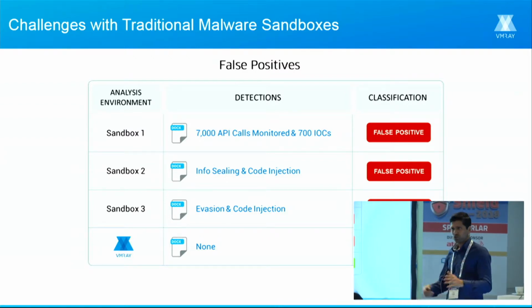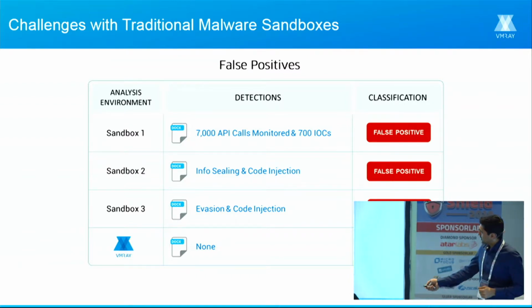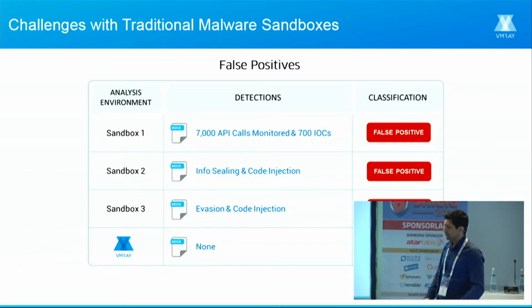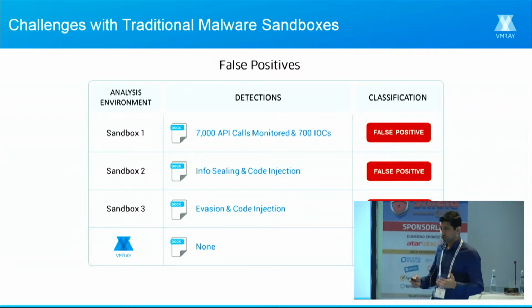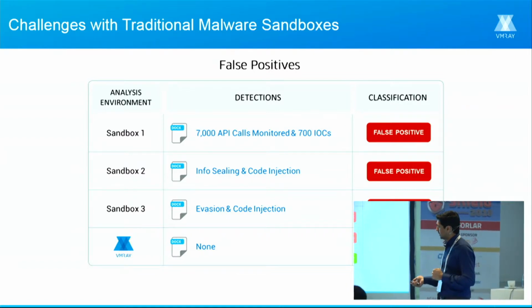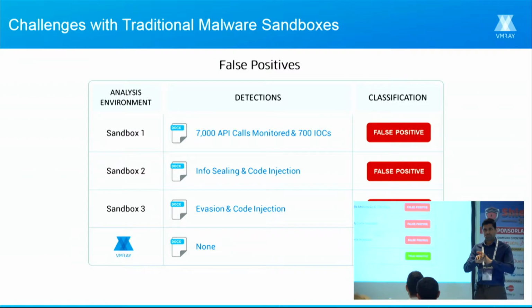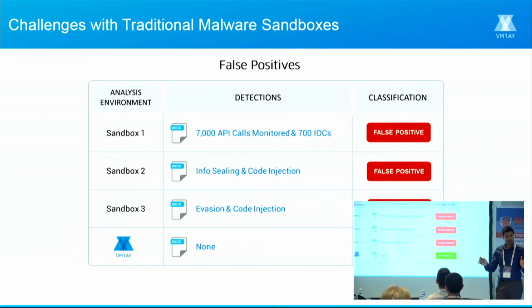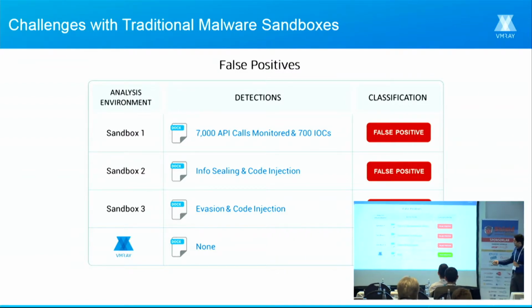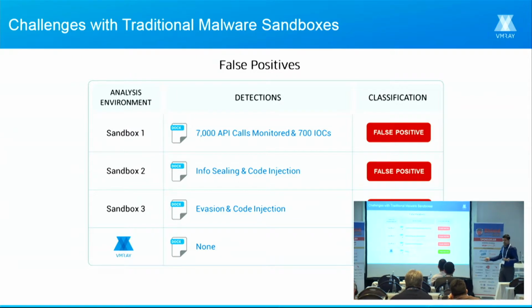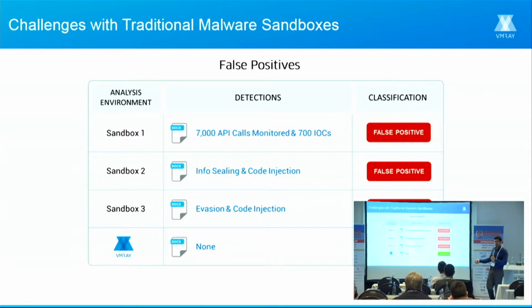It said there was some code injection happening. That's always something bad. And Sandbox 3 said, again, there's some evasion going on here, some code injection going on here. Now, clearly, this was a blank Word document, right? But these 3 sandboxes are telling us that something bad is happening here.